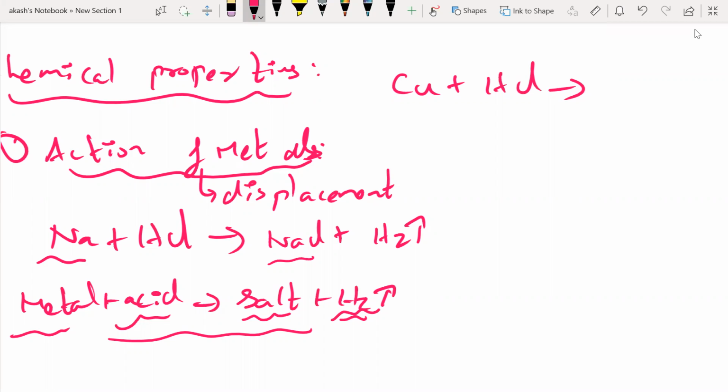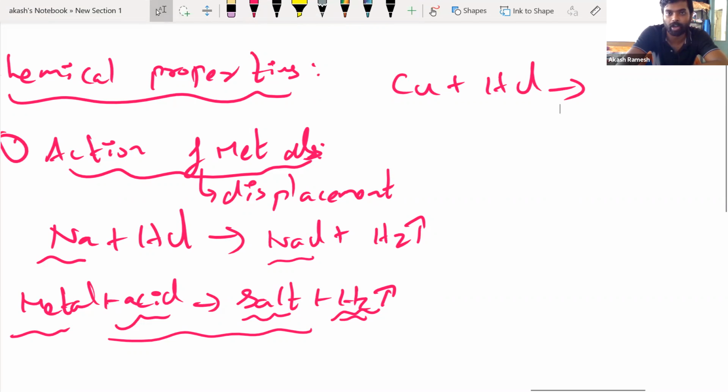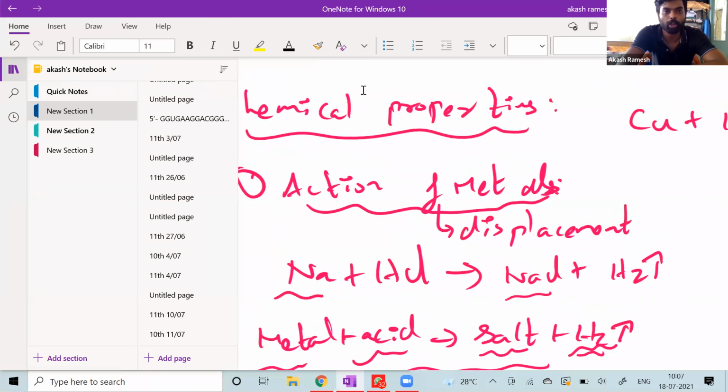Then we look at the products. Go into the chat box, people. I want everybody to answer whether this reaction will happen or not. Yes for it will happen, and no for it will not happen. I will see.